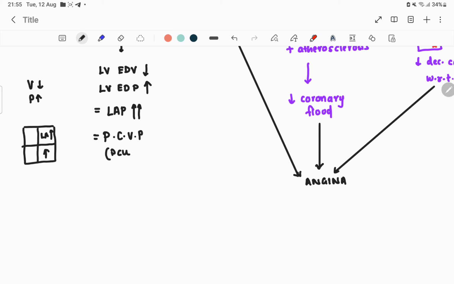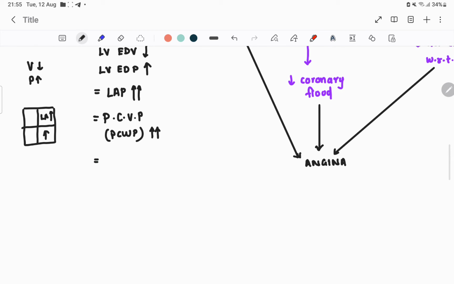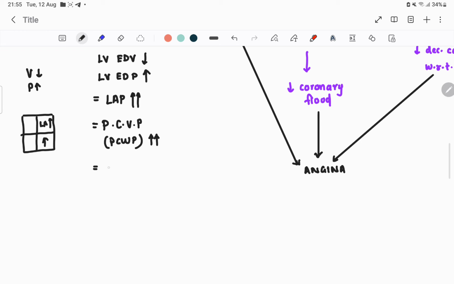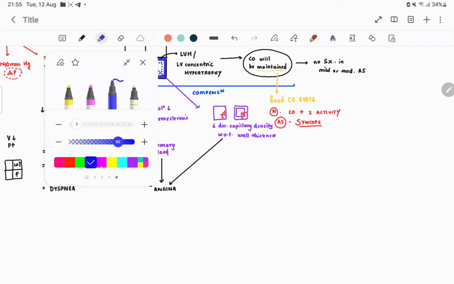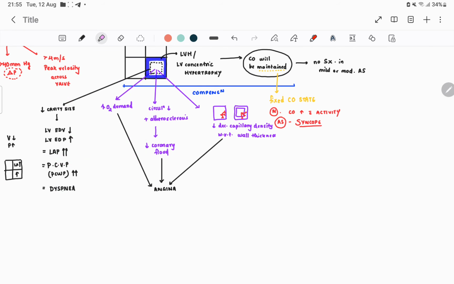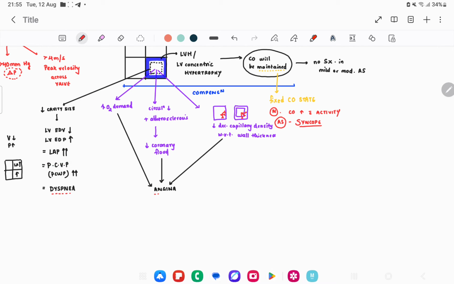You can write PCWP will increase, because the pulmonary capillaries are opening here. Okay, and this pulmonary capillary pressure is basically responsible for the third symptom, that is dyspnea. So we saw here three important symptoms, which are very easy to remember if you go logically: one is dyspnea, one is angina, one is syncope.